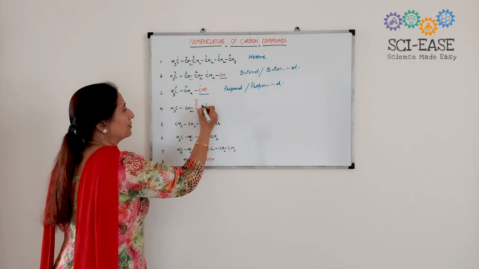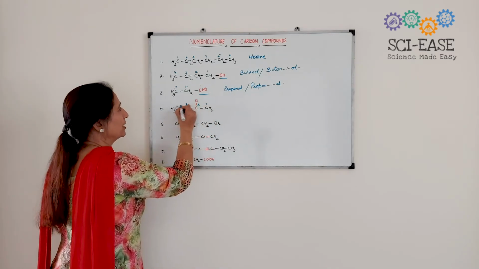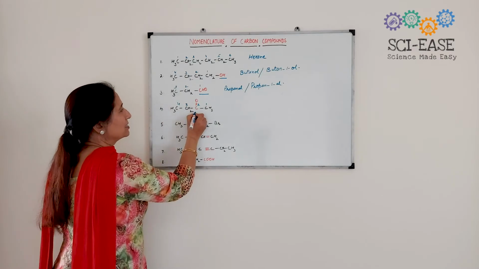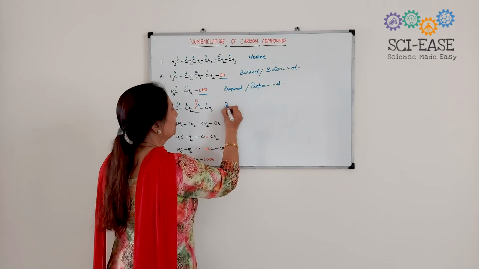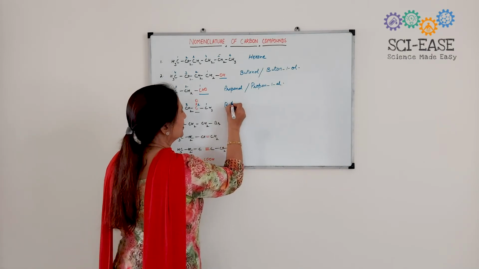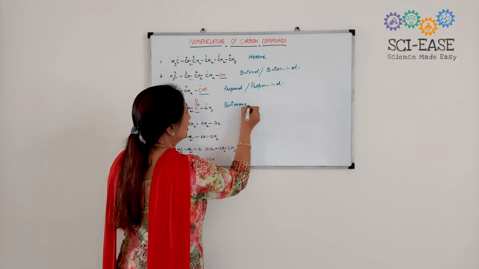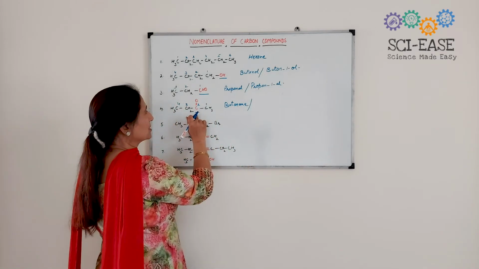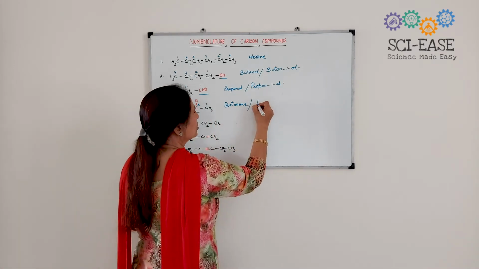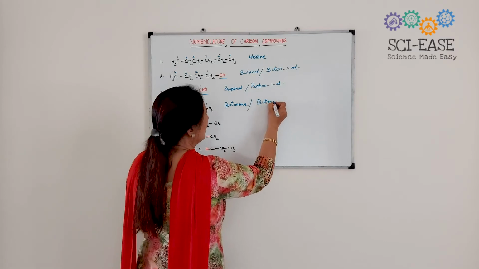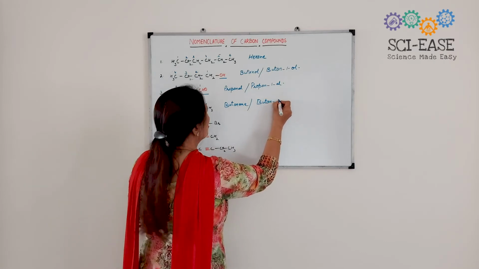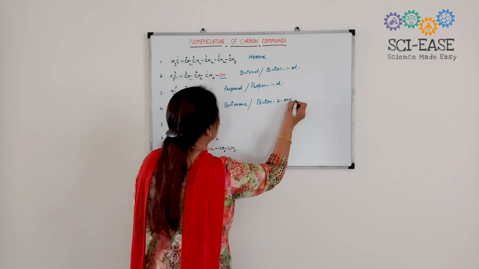So we will write the numbers like this: 1, 2, 3, 4. And the suffix used here is -one. So it is butanone. Or because it is carbon 2, it can also be written as butan-2-one.